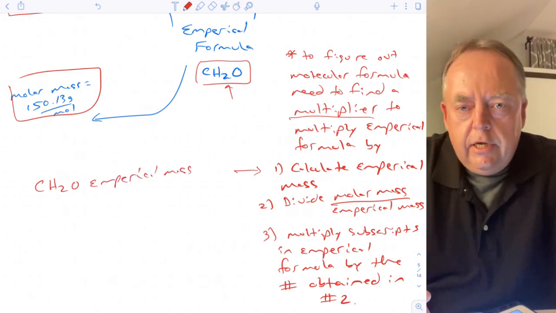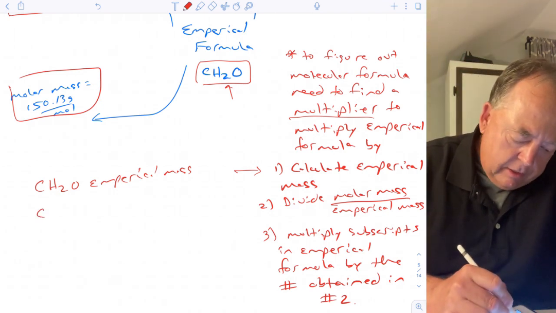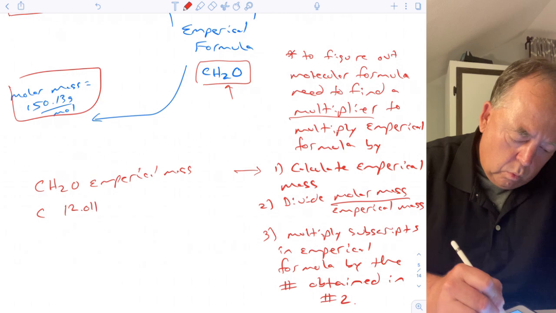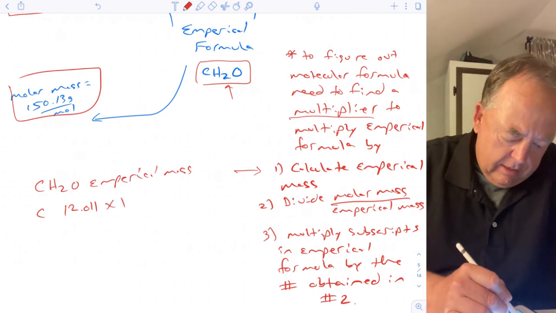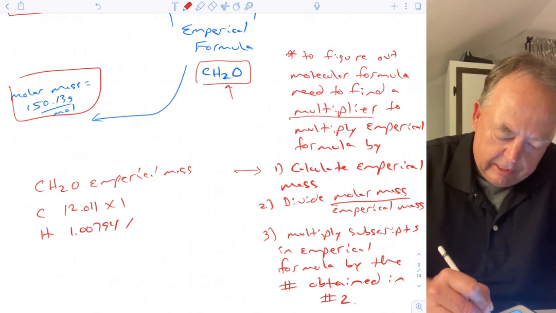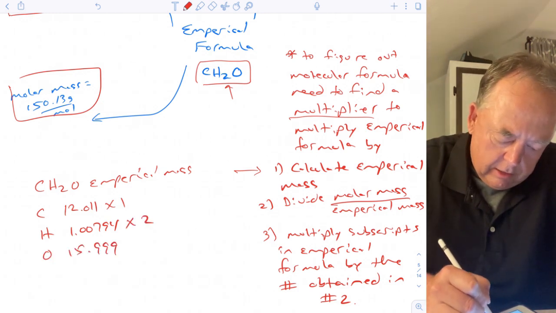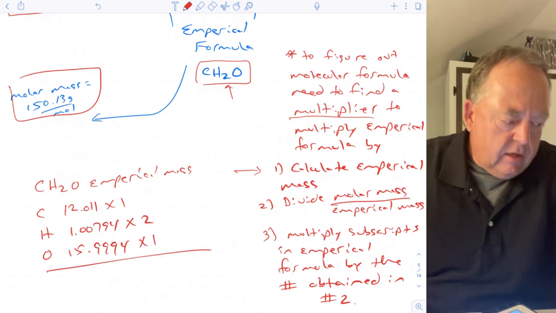you calculate just like you do a molar mass. You look at the periodic table, and carbon is 12.011, and there's 1 carbon. And hydrogen's 1.00794 from the periodic table, and there's 2 hydrogens, and oxygen's 15.9994, right? And then you add those up.